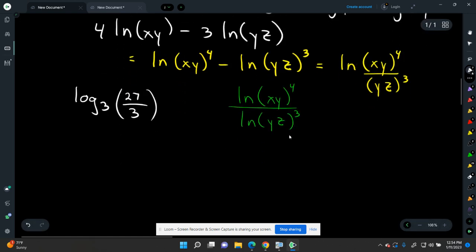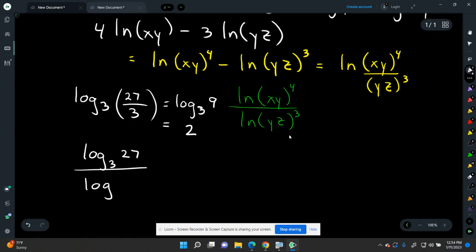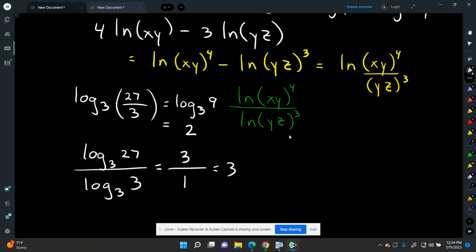That is very different. So this would be log base 3 of 9, and we know log base 3 of 9 is 2, right? Well, if I did log base 3 of 27 divided by log base 3 of 3, log base 3 of 27 is 3, log base 3 of 3 is 1, I get 3. They're not equivalent, right? So you can't take this and separate it into two logarithms, okay?